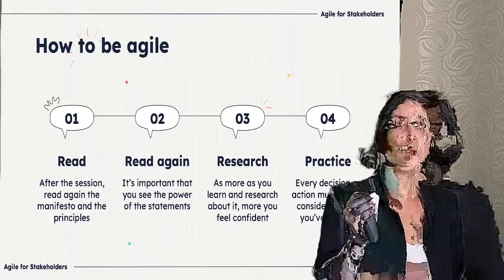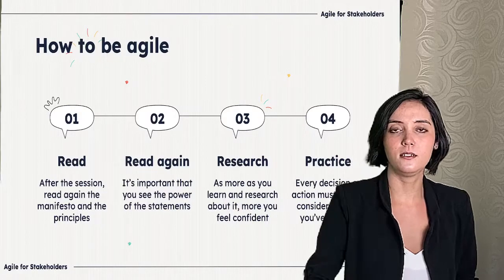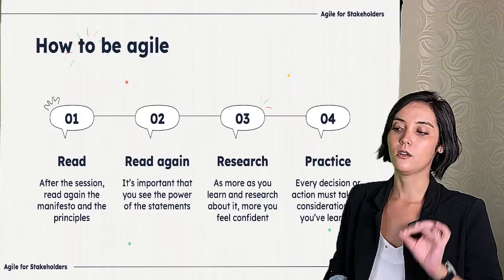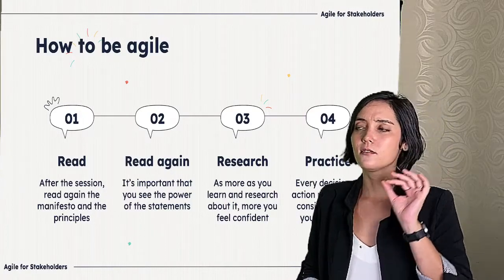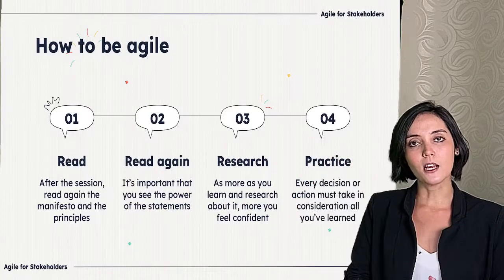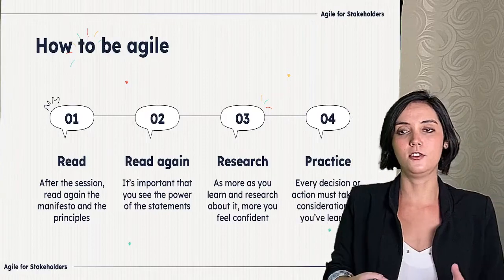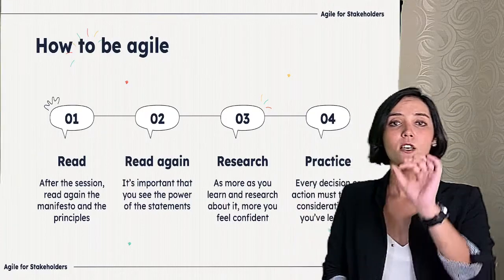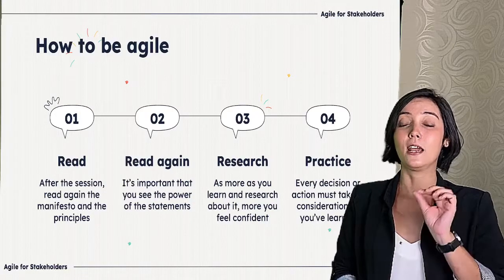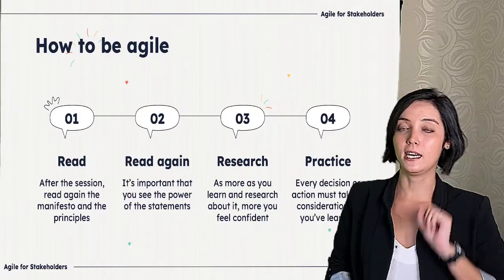So every decision that you're going to make from now on, you're going to be agile. Okay? Taking into consideration all you have learned about agile, to be agile and take agile decisions. Okay, so now we finish what I promised you, that I would show you how to be agile.